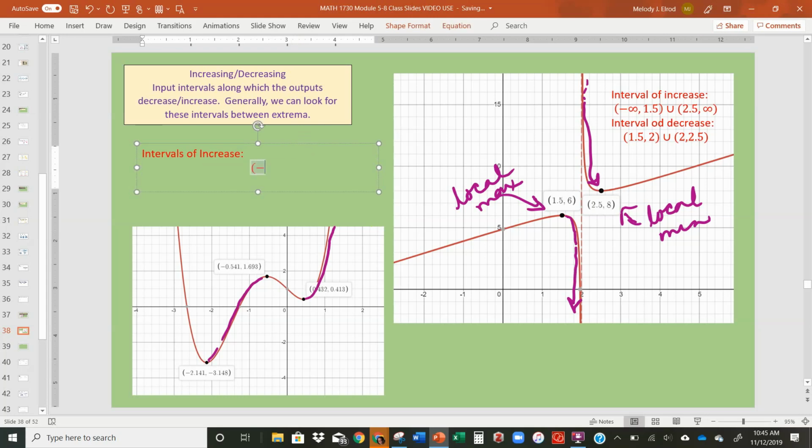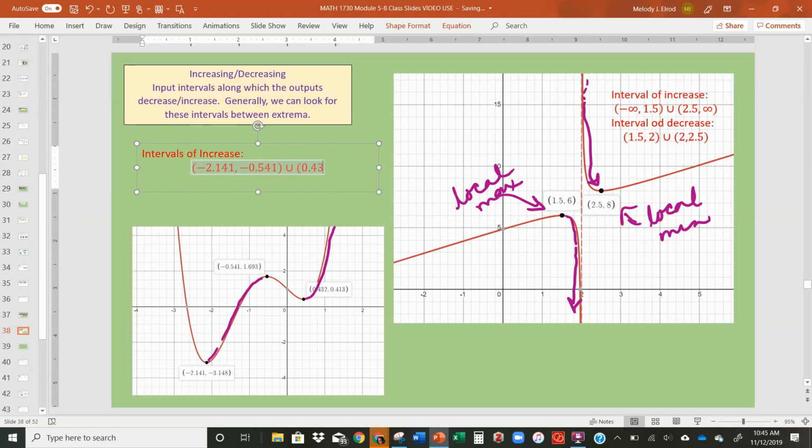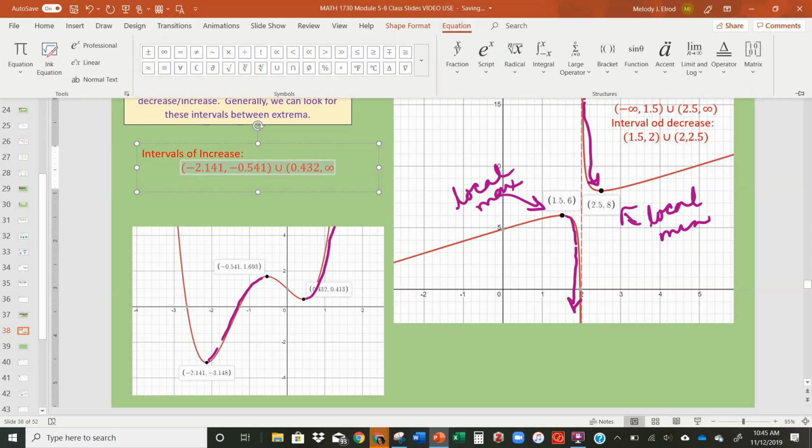So from negative 2.141 to negative 0.541, so these are approximations, of course, unioned with from 0.432 all the way to infinity. Okay.